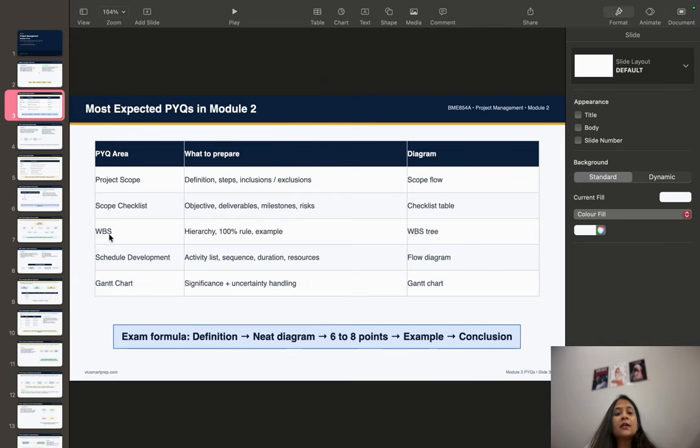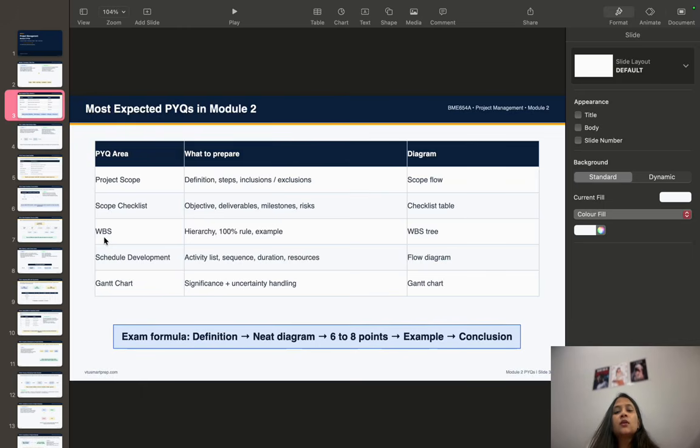Next you have WBS. Here you have to write the WBS hierarchy and the 100% rule, along with one example. This is a very, very important question. WBS is a very important topic in this unit, so understand what WBS is, the hierarchy, the 100% rule, and one example for that.